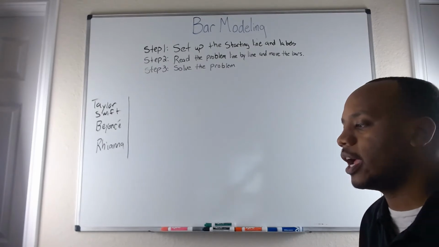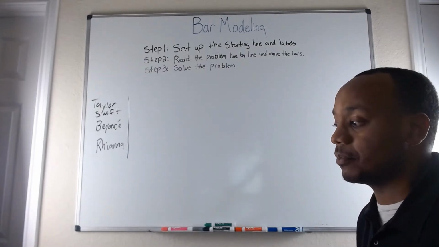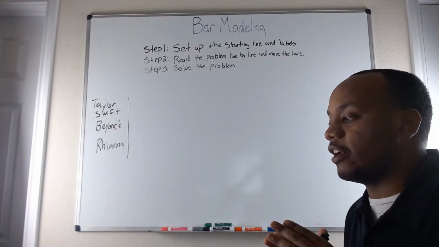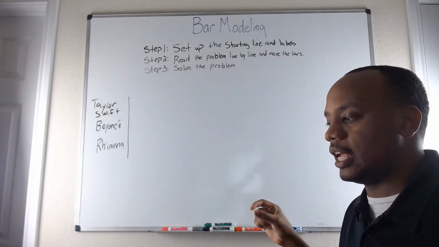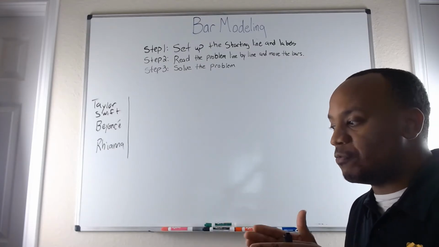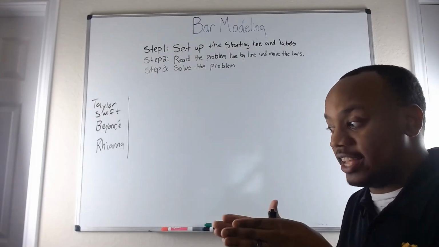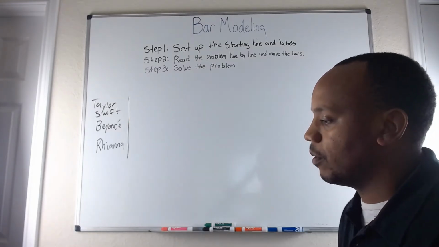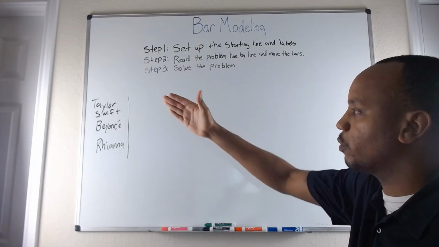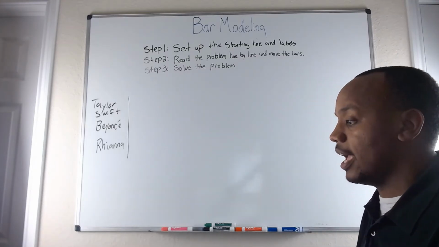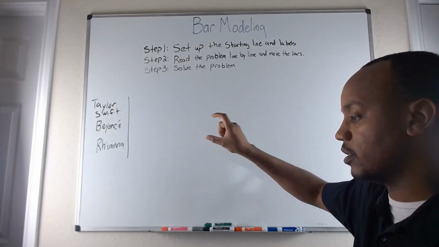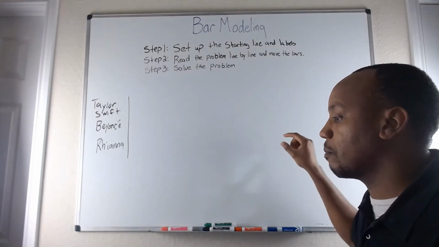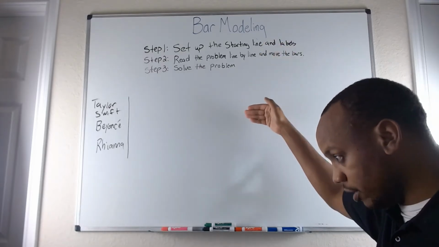So you're saying, Mr. Trahan, how do I know in my bar modeling problem who needs labels? Well, if there's movement in whatever you're talking about, and that party is involved in that movement, then you need a bar. In this problem, we're talking about concert tickets for the three artists. Taylor Swift's concert tickets are a certain price. Beyonce's ticket price is a certain price in relationship to Taylor Swift's.